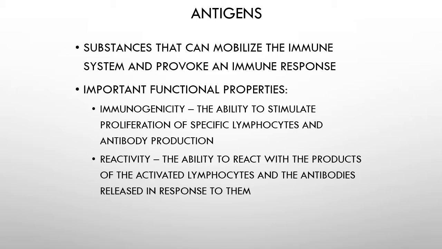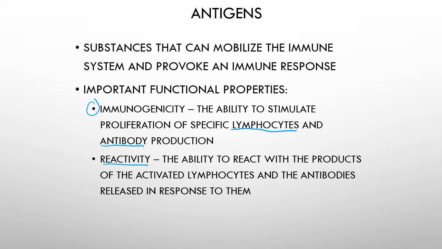In order for a substance to be an antigen that is going to cause an immune response, it has to be immunogenic. In other words, it's going to cause lymphocytes and antibodies to start to increase in numbers. We're going to increase the number of white blood cells and antibodies being formed, and we're going to attack that particular substance because it is reactive.